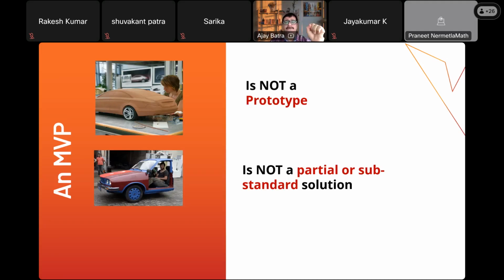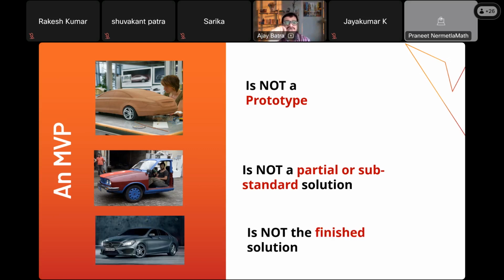Very important. If you're building an autonomous car, then a wooden or clay model of a car is not an MVP. Half the car with two wheels is also not an MVP. What might be an MVP is you build a car which has, let's say, 4 cameras to sense instead of 16 and test it. That's okay.